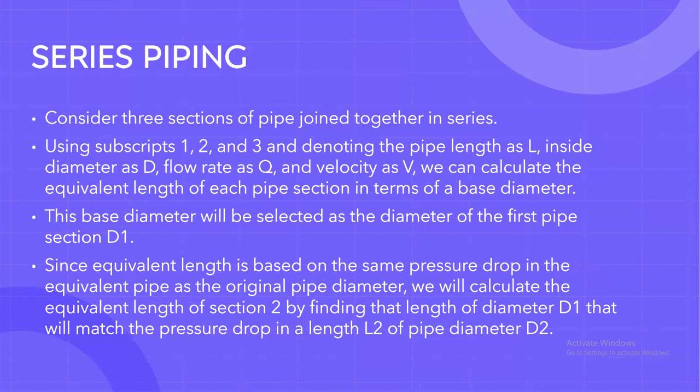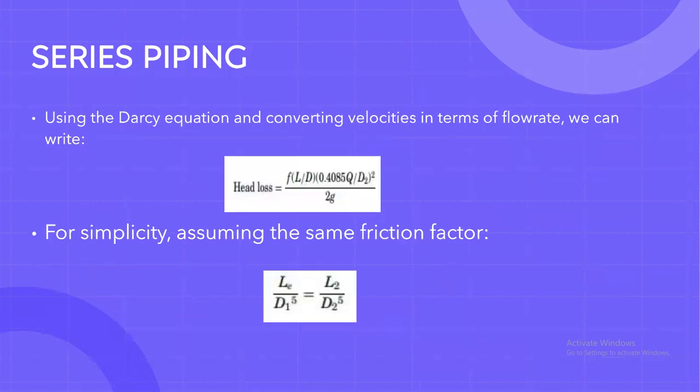I hope that makes sense, which means we want the equivalent length, of the same size as your base diameter D1, that will have the same pressure drop. I hope it makes sense, but as you're doing the calculations, they need to make sense.